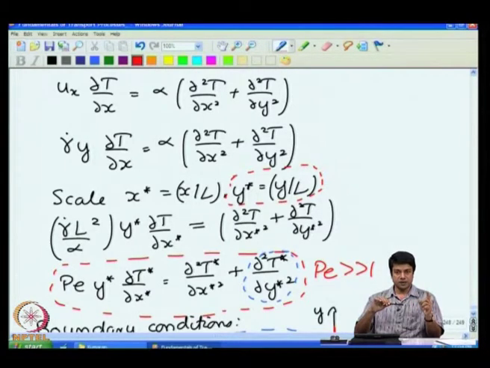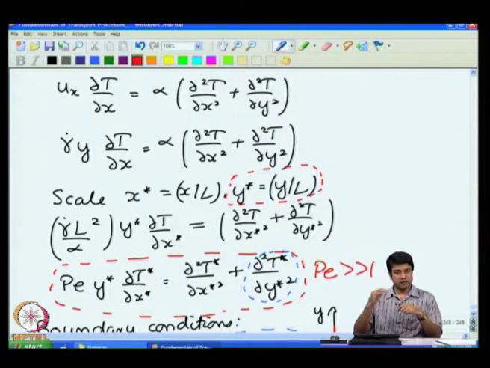So, if the length scale is sufficiently small, I could still get a balance between convection and diffusion, even though the Peclet number based upon capital L is large. That is what is actually happening in high Peclet number flows. Very near the surface, diffusion has to exist, because that is the only way the fluid is going to get heated.